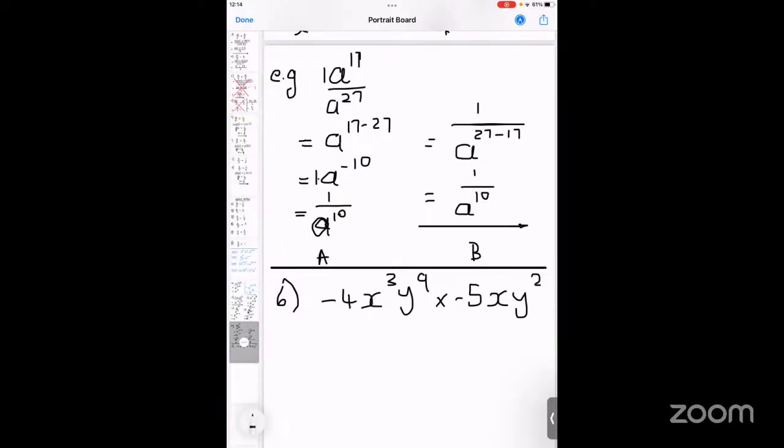We are first going to say negative 4 x to the power of 3 minus the negative 5 x to the power of 1.